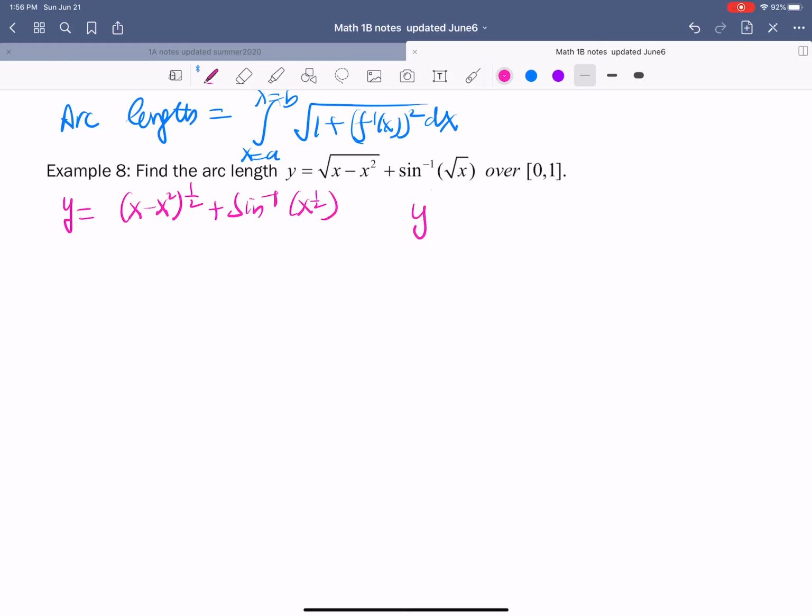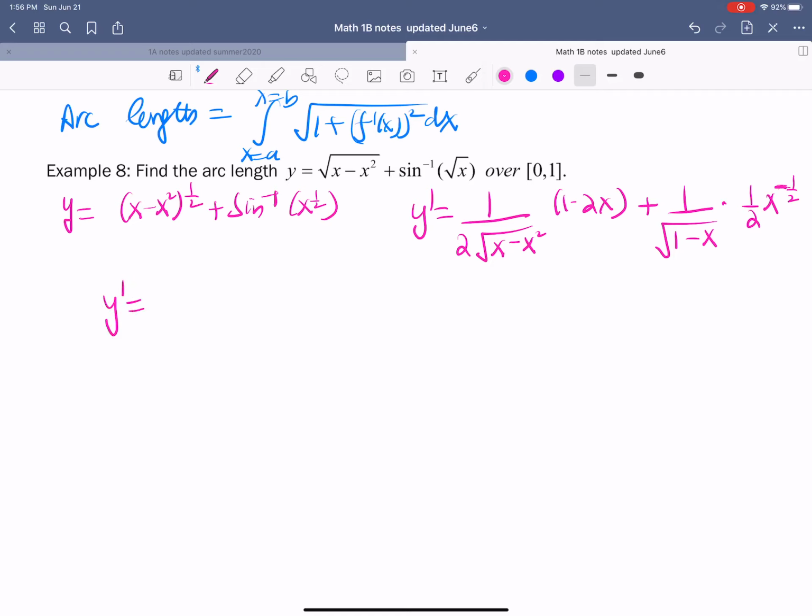When we do the derivative, we have to use the chain rule, so make sure you're not rusty on your chain rule. 1 over 2 square root of x minus x squared, multiplied with the derivative of the inside function. The derivative of sine inverse is 1 over square root of 1 minus x squared, which here would be just x, and it must be multiplied with the derivative of the inner function because of the chain rule.